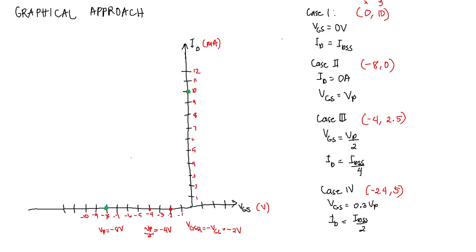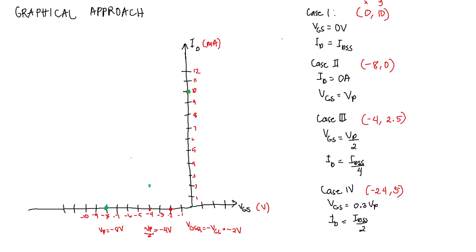Then case 3, our VGS will be equal to VP over 2, which is negative 4, and our ID is equal to IDSS over 4, which is 2.5.